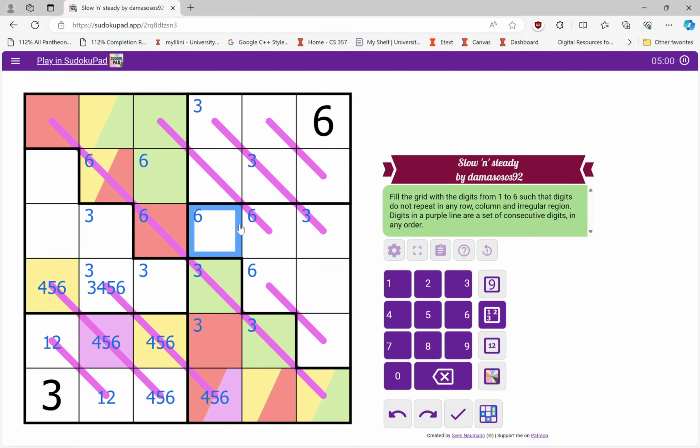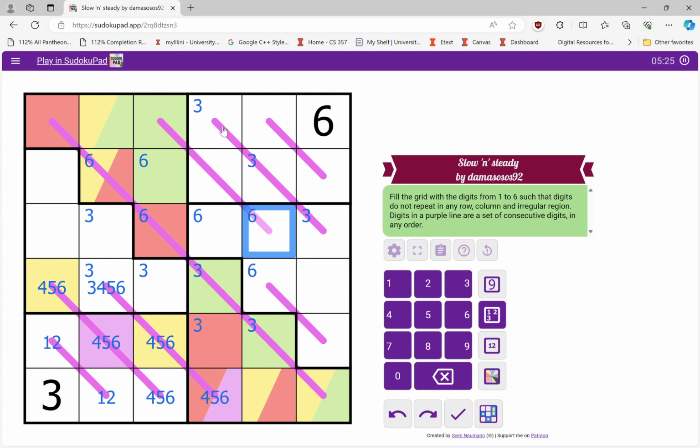Let's see. If this one has a 3, I guess it could be in any of these 3 cells, and it shouldn't break anything, I don't think. At least I don't... no, well, it can't be here, actually. So I can't have a 3 here, it'd have to be in one of these 2.